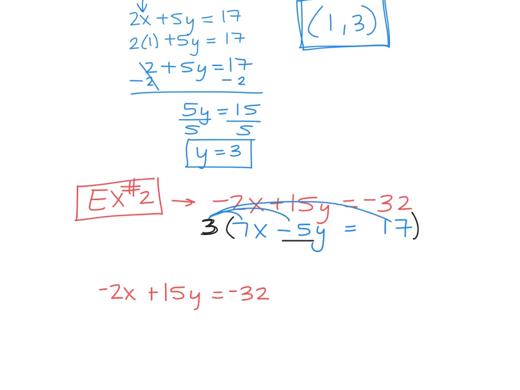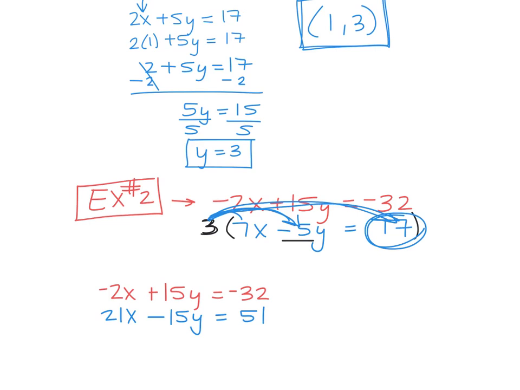So if I multiply everything by 3, 3 times 7x is what? 21x. 3 times negative 5y is negative 15y. And don't forget to multiply by the one on the other side also. A lot of times that's what people forget, to multiply that 17 by 3. So 17 times 3 is 51.